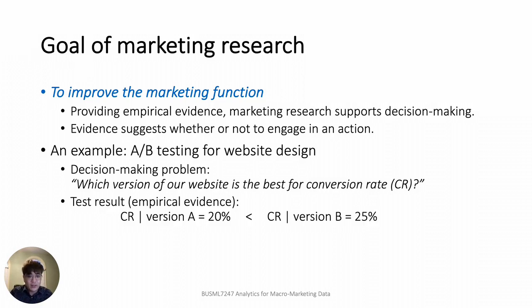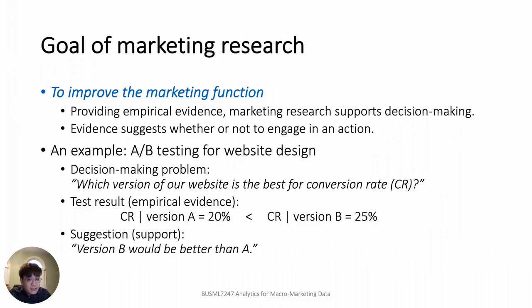During the weeks, she found that the conversion rate in version A is about 20%, whereas the rate in version B is about 25%. With this empirical evidence, the manager concluded version B would be better than version A and decided version B as the store's new website.